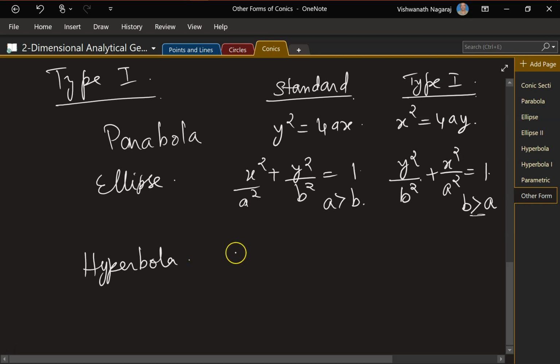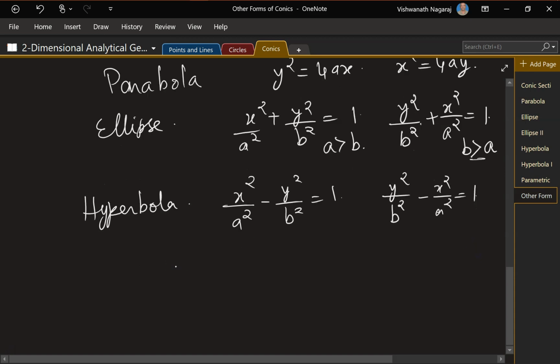Now in the case of the hyperbola, the standard equation is x square by a square minus y square by b square equal to 1. There is no condition. Now here again we interchange the x and y. So y square by b square minus x square by a square is equal to 1.